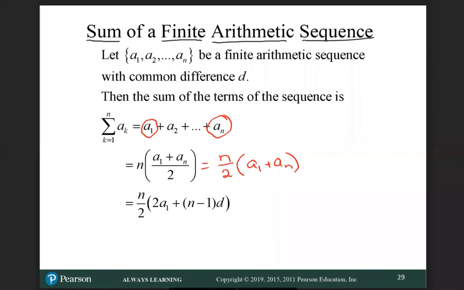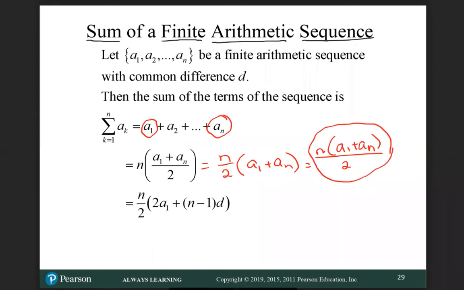Depending on which one is even, or if neither of them is even, it might be easier to do a different order of operations, right? So following order of operations, I can multiply these in whatever order I want. I can do the sum divided by 2, I can do the n divided by 2, or I can multiply the sum times n and then divide that by 2. This is one way of looking at the sum of a finite arithmetic sequence.